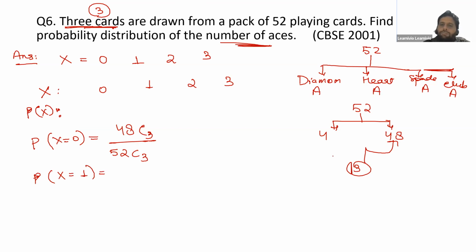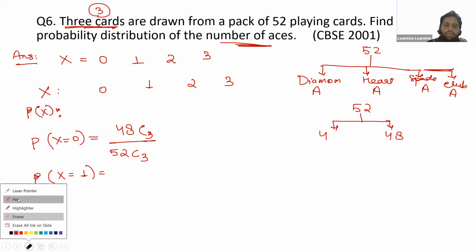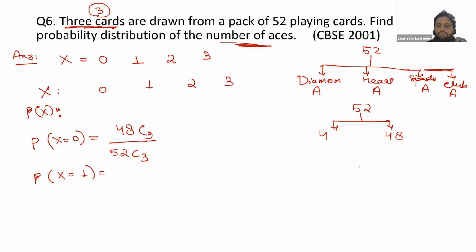So is it possible that you will get 4 aces if you are drawing 3 cards? Okay, so that's why we have taken the numbers from 0 to 3. 4 is not possible because when you are drawing 3 cards, 4 aces are not possible.